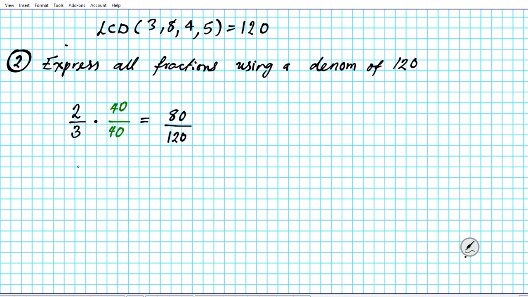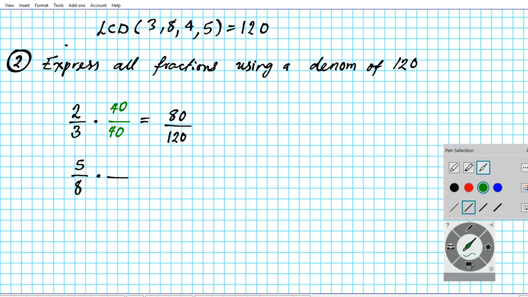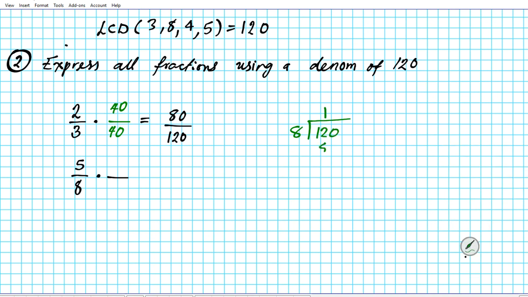Okay, now we have 5/8. What's the story there? We need the denominator equal to 120. 8 times what gives us 120? You can just divide. You can do your long division if you don't know it. 120 divided by 8. 8 goes into 12 once. 1 times 8, 8.